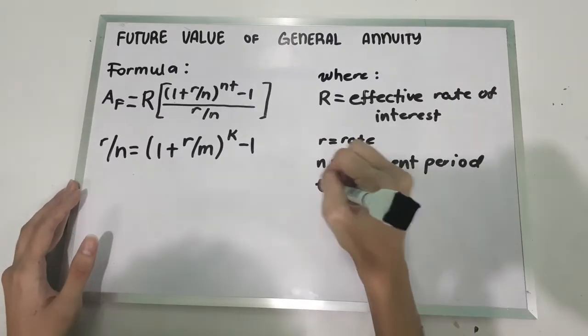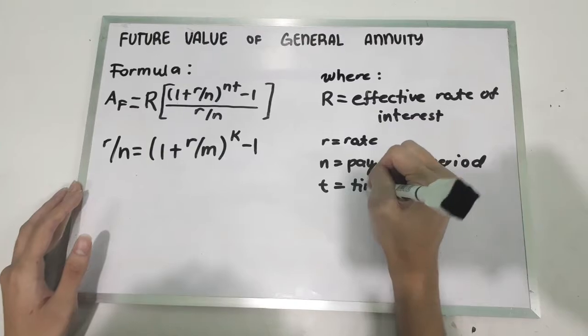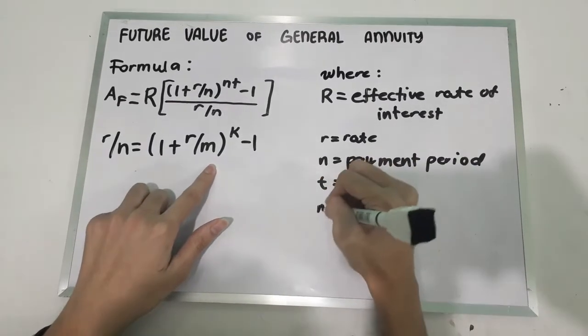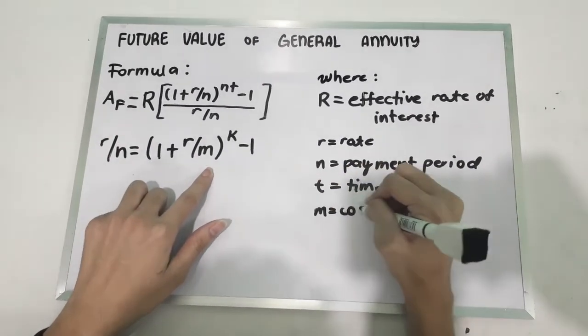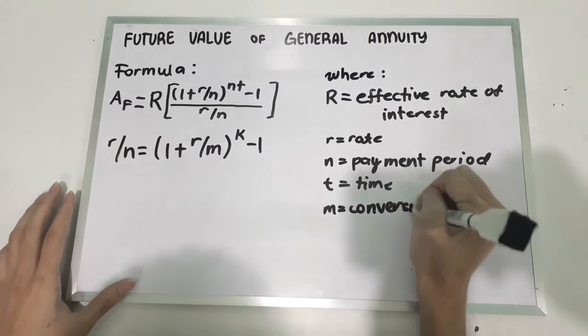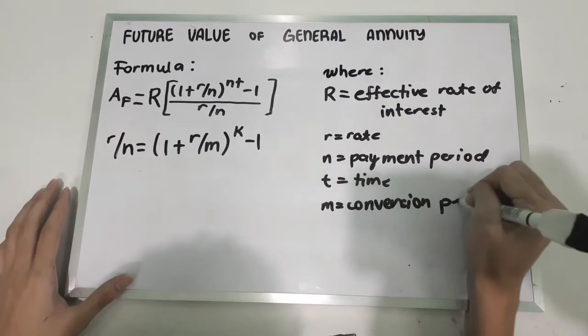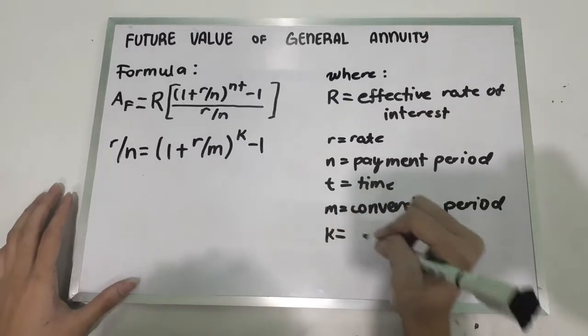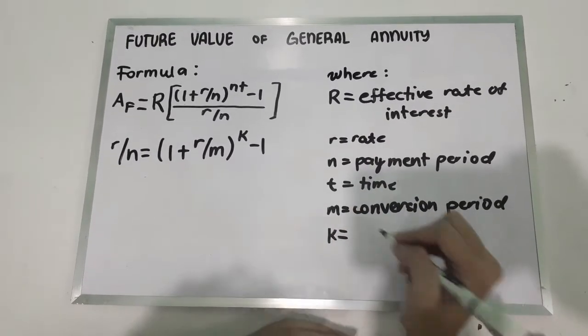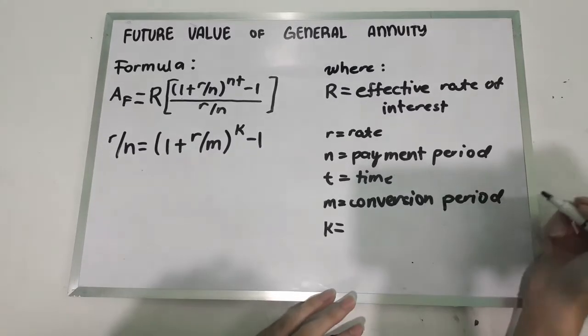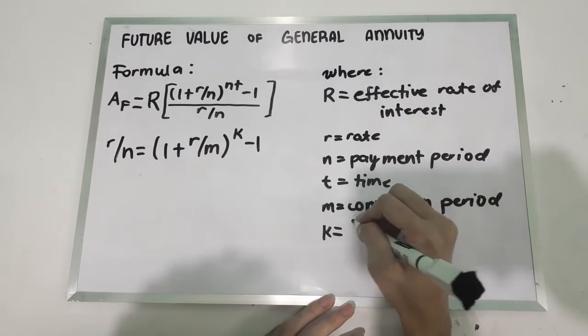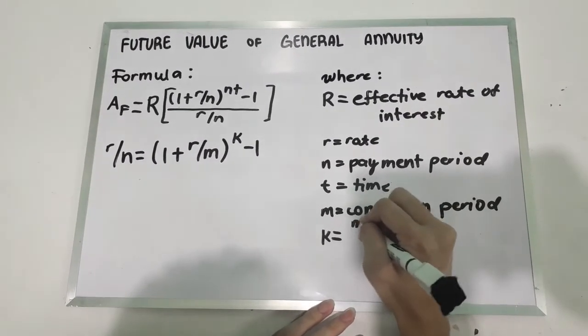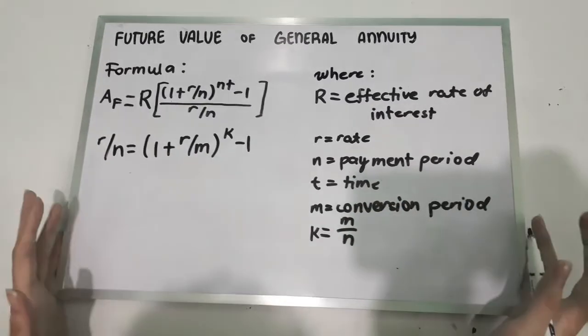The T is our time. The M is the conversion period. And lastly, our K, we can get the K if we divide our conversion period and payment period. So our K goes like this, M over N.